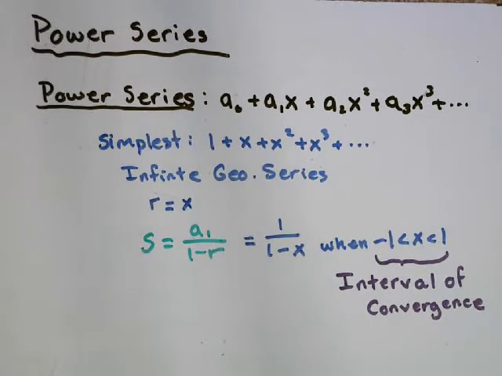Okay, interval of convergence. We're going to talk about that term convergence, and next week we're going to be doing convergent and divergent series. But convergence is what it sounds like. So what we're going to do is look at this on a calculator.